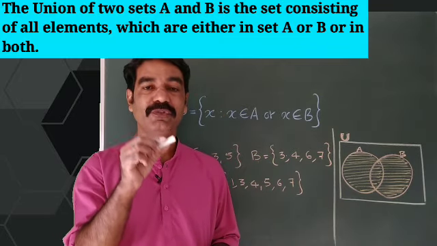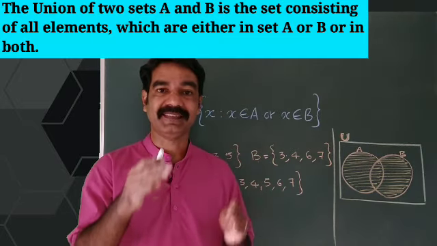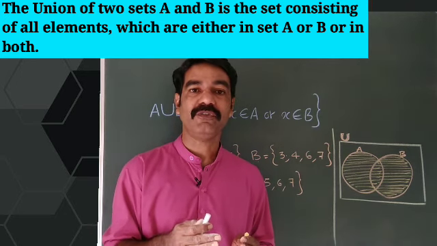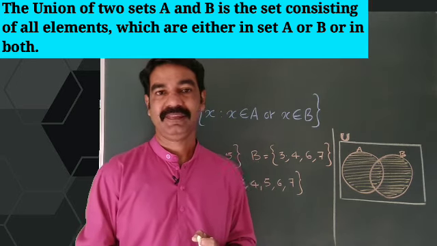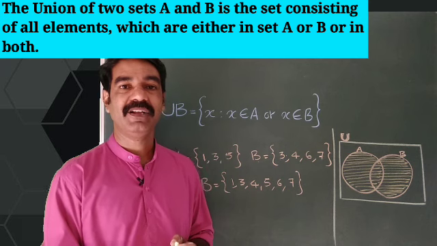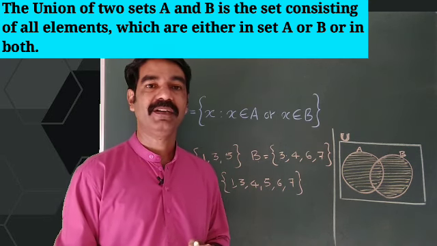The union of two sets A and B is a set consisting of all the elements which are either in A or in B, or in both.